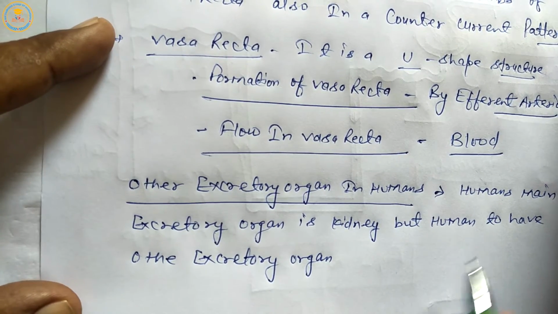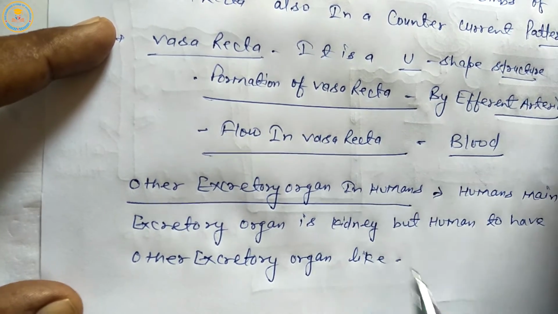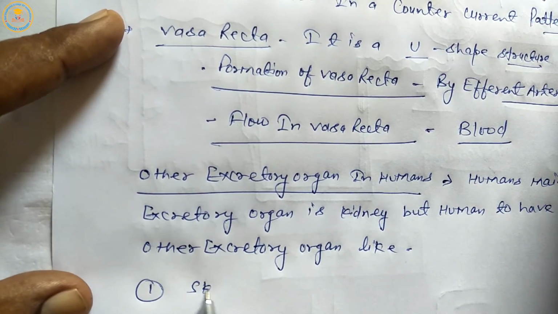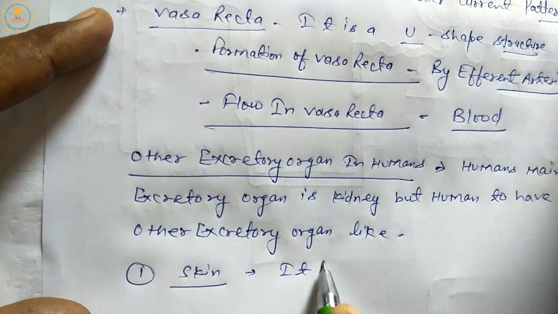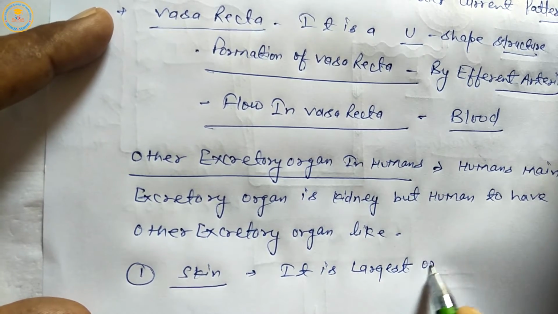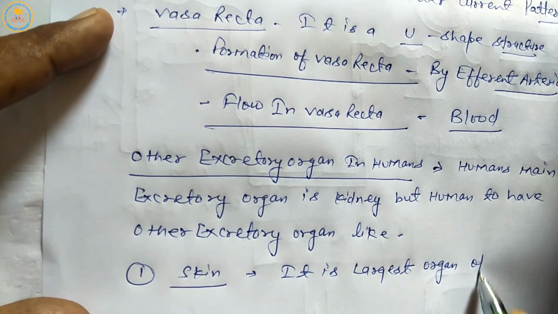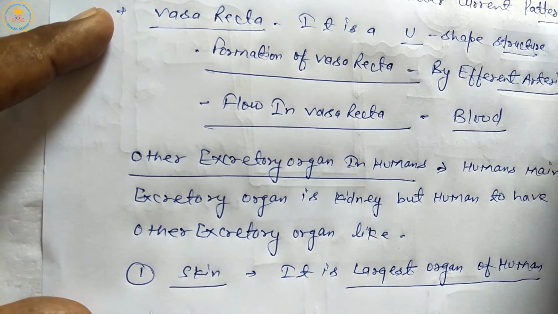Once again, humans have other excretory organs like skin. It is the largest organ of human. Once again, skin is the largest organ of human.